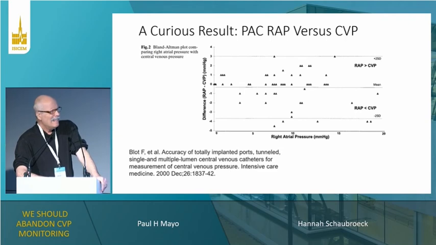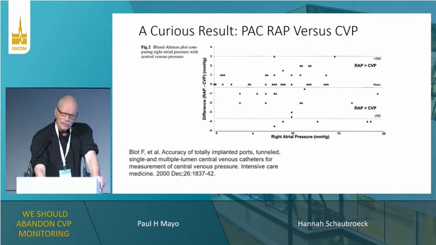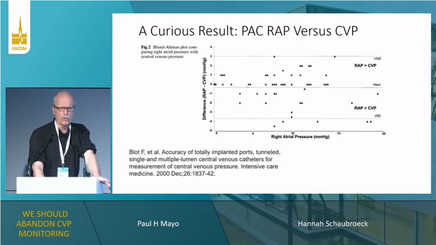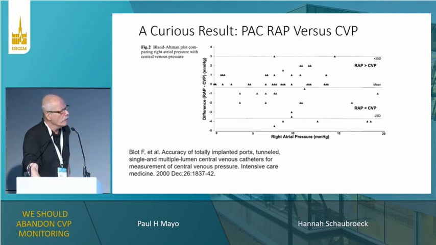So then there's this odd thing, in addition to the zeroing issue, in addition to the disutility of monitor-derived values, in addition to the lack of time to perform an actual accurate measurement of quote-unquote preload of the right ventricle, we're going to get on that in a moment.